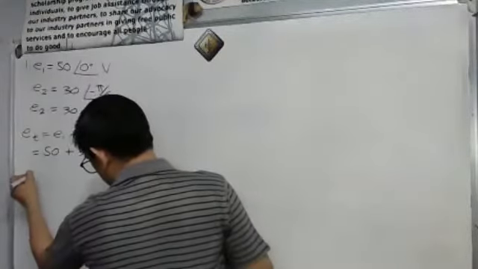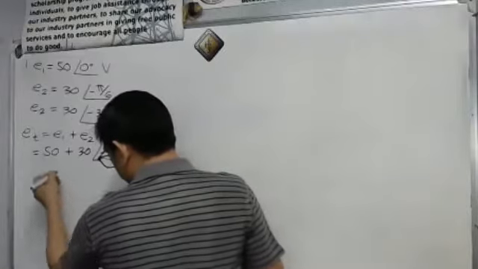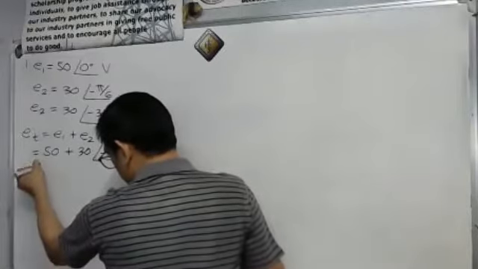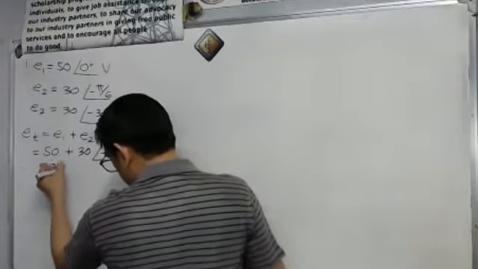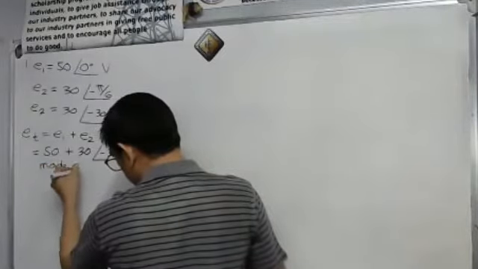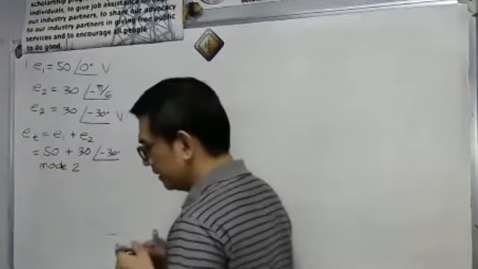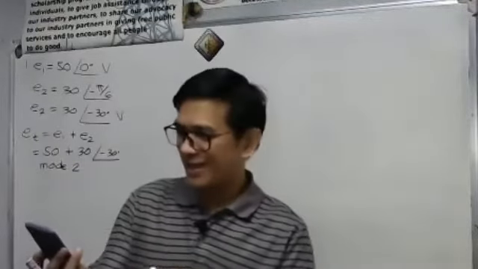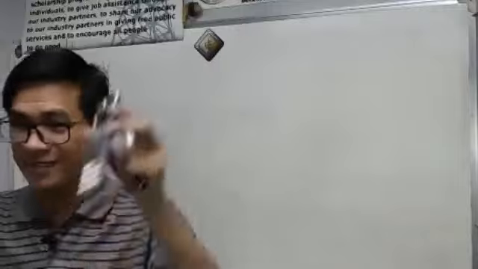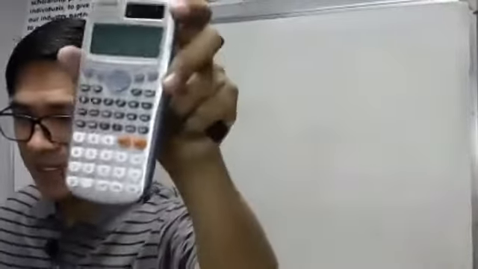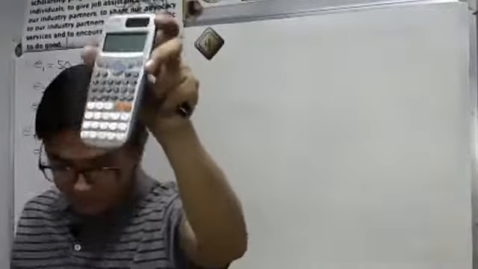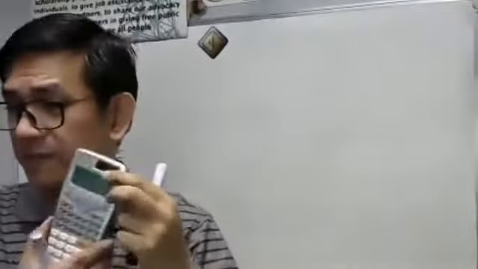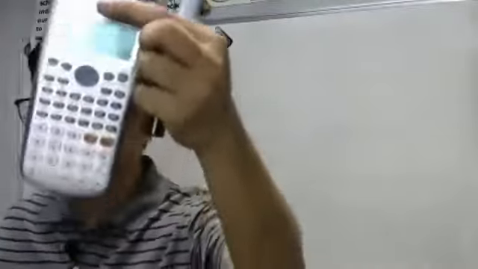Ito maganda, may calcio tayo, no? Okay. So, put your calculator in mode 2. Mode 2. There. So, by the way, I'm using the Casio FX991ES. But this is not approved by the PRC. The one approved by the PRC is 570ES Plus. It's just the same function.